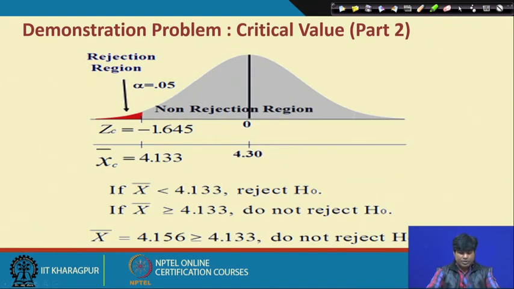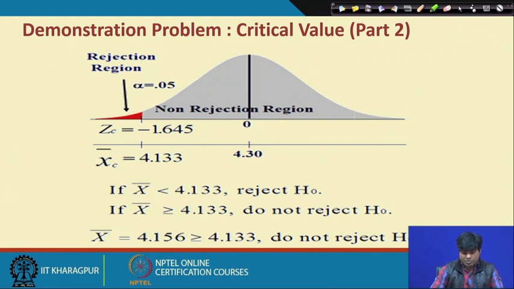So, this is how the clear-cut decision making process works, and since x bar is coming 4.133, and that is being compared with 4.30, typically x bar is coming 4.133. So, that means it is lesser than this critical value.